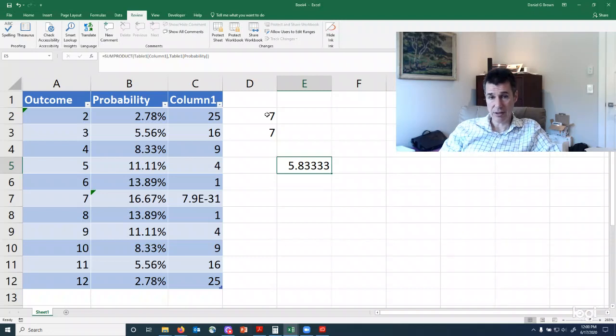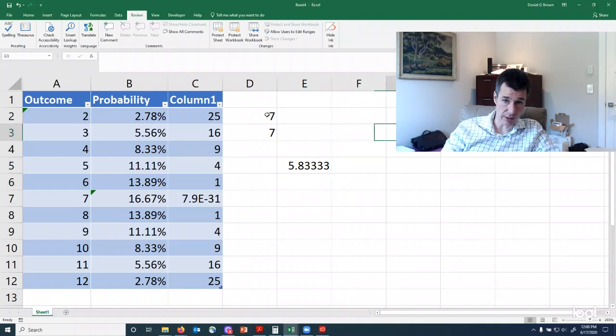We can also do this. We know the variance of the sum of two outcomes is the sum of the variances. Again, assuming those outcomes are uncorrelated, and for our dice rolls, they are. So again, we've got our outcomes 1, 2, 3, 4, 5, 6, all equally probable.